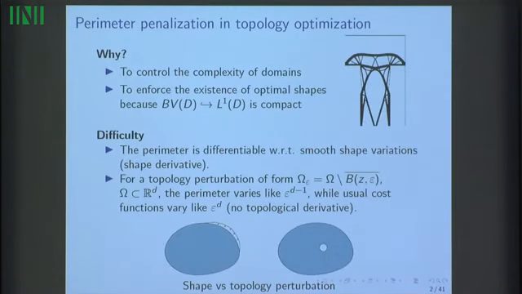Here is what you can typically get when you apply a topology optimization method to standard problems. This is the classical mass problem in 2D for minimal compliance.